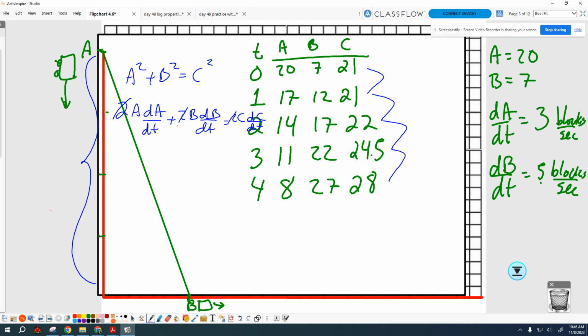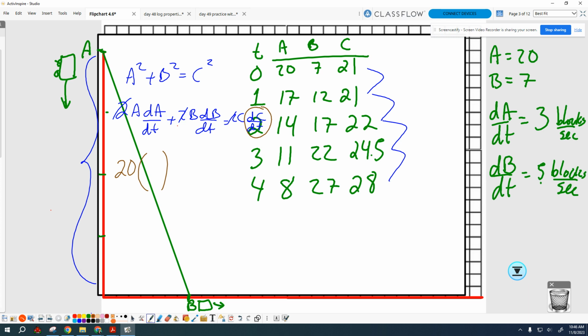So at the very start, if I want to know what is dC/dt, do I know what A is at the start? What was it? 20. And what did we choose as the change in A? 3. But here's the question.